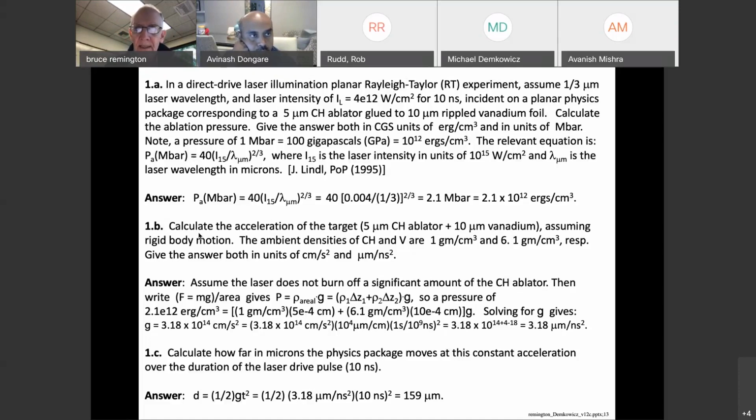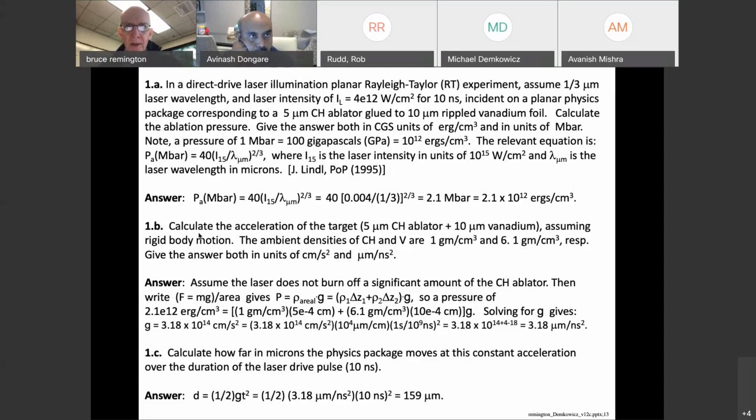That whole quantity times the acceleration. Solving that, plugging in the values gives an acceleration of 3.18 times 10 to the 14 centimeters per second squared. And you can convert that by using the conversion 10 to the 4 microns is 1 centimeter, and 1 second is 10 to the 9 nanoseconds.